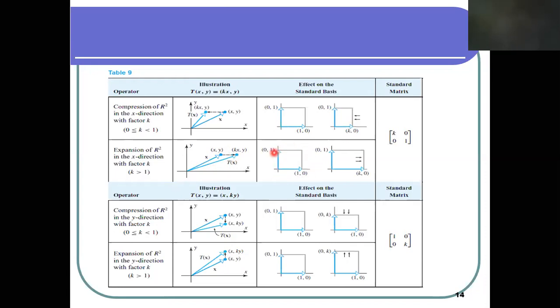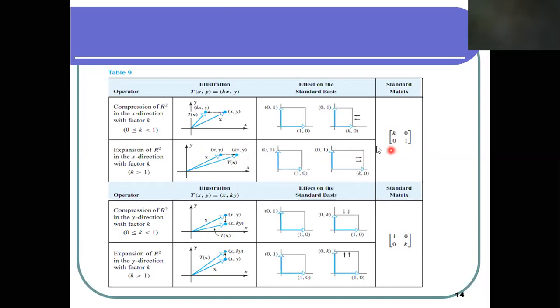So in that case, dear student, if you see this in standard notation, 0 1 remains 0 1. If you put 0 1 here, you will get 0 1. This will remain here. If you put 1 0, this is 1 times k times 1 plus 0, so you will get k 0, and k is greater than 1, so your square will be stretched along the x direction.